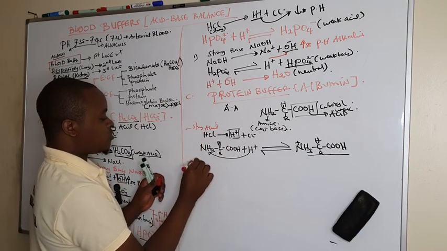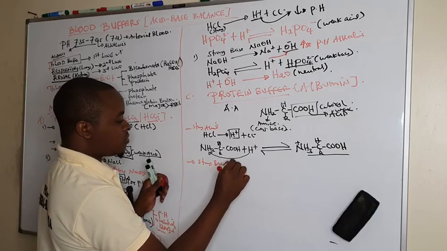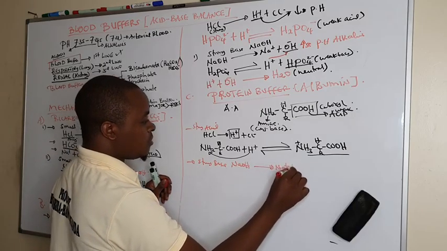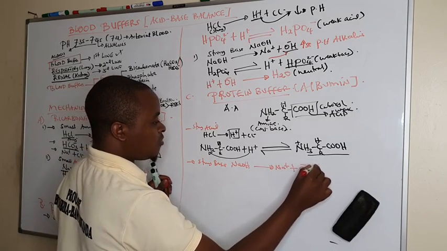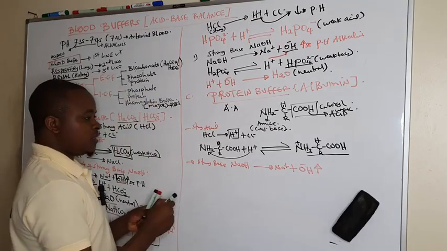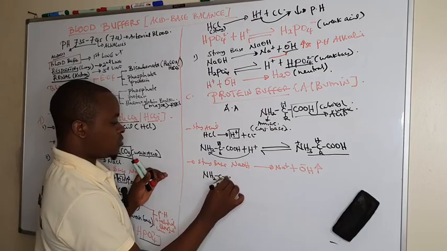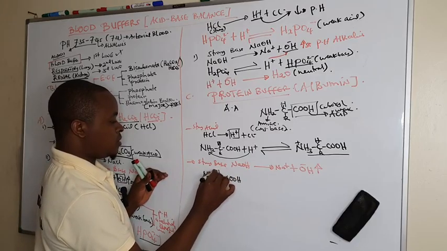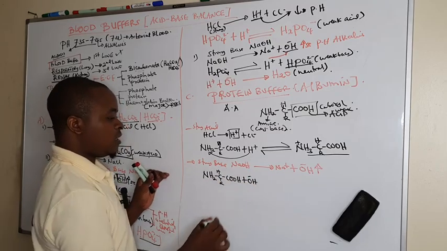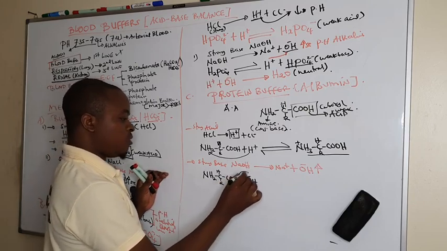Then on addition of a strong base, the strong base like sodium hydroxide is going to liberate sodium ion and hydroxyl ions, which have the ability to increase the pH to alkaline. And these hydroxyl ions are buffered. If I have an amino acid in the solution or in blood, this amino acid is going to react with the hydroxyl ion, whereby the carboxyl group is acting as a proton donor.